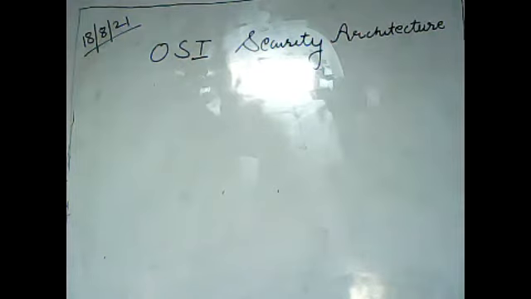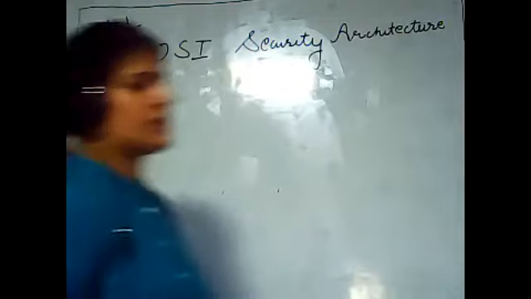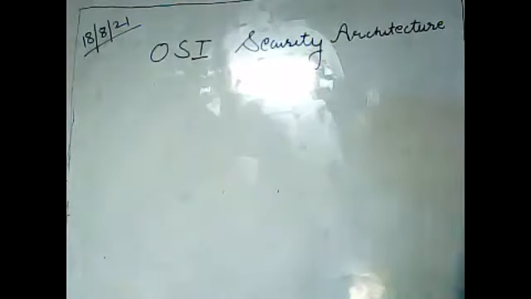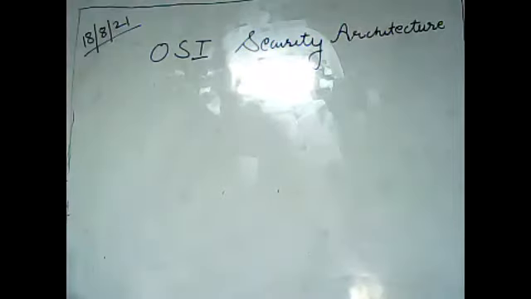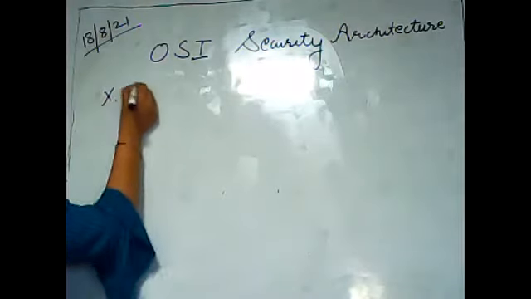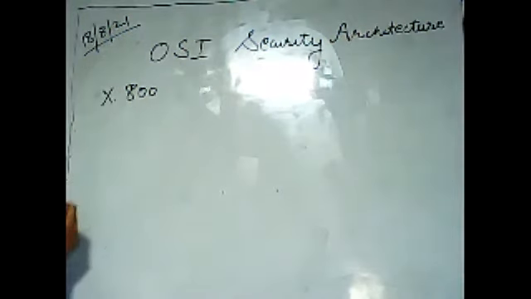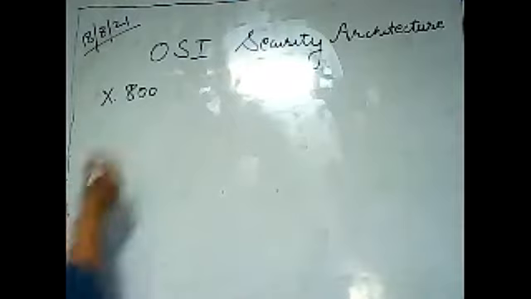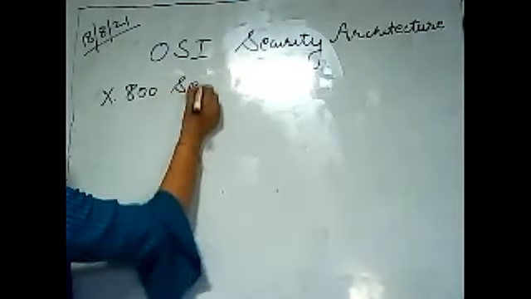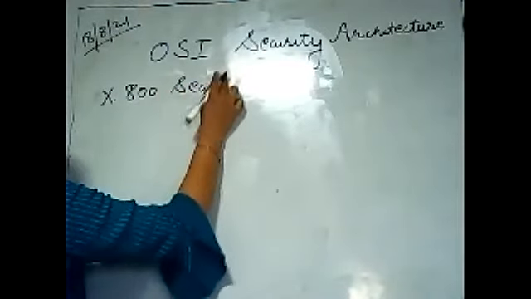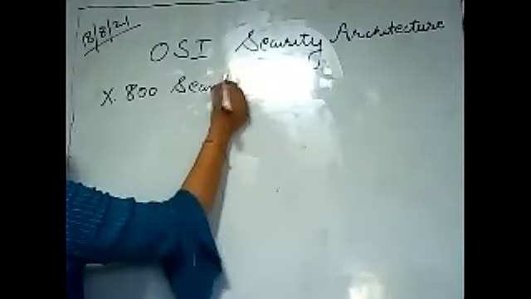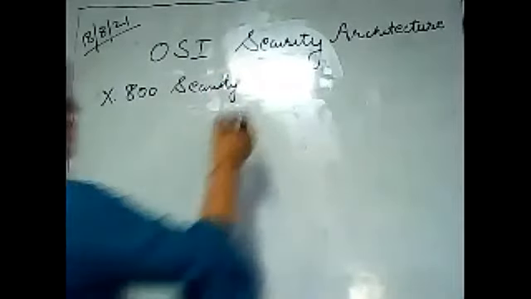So what this OSI security architecture means is that we are using one of the basic architectures, that is X.800. This is basically a version of the security architecture for OSI.